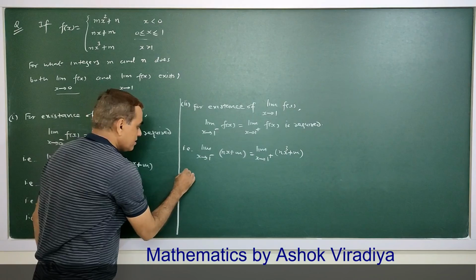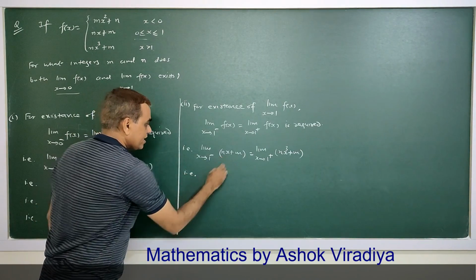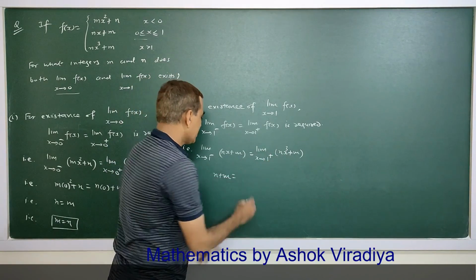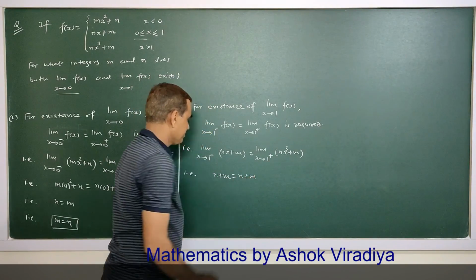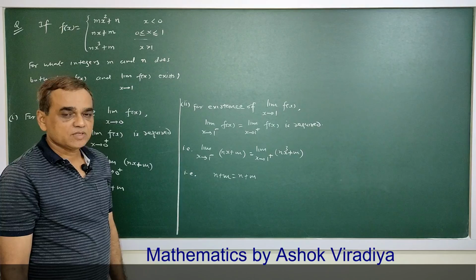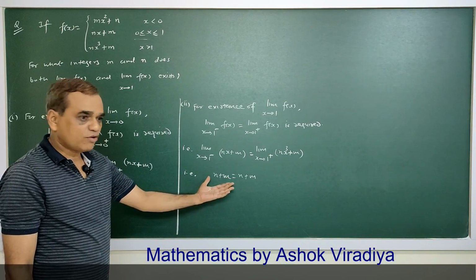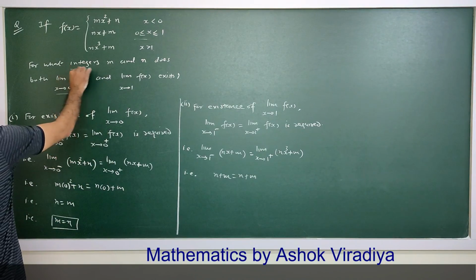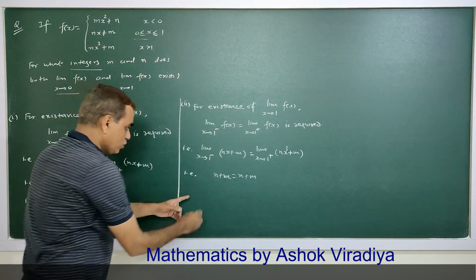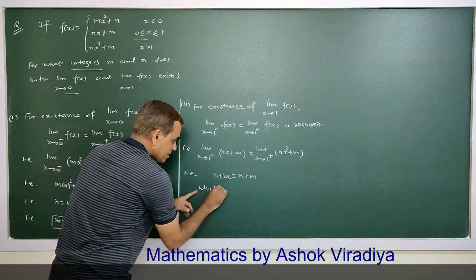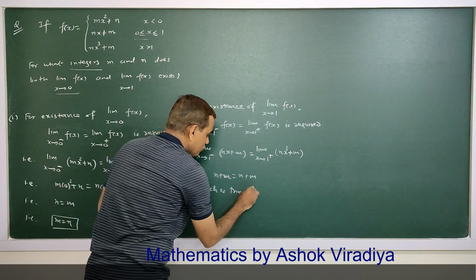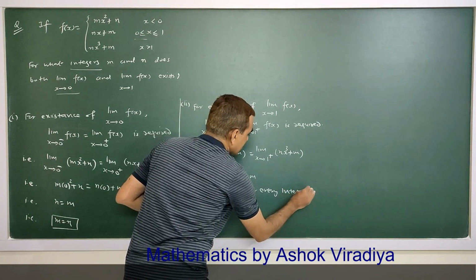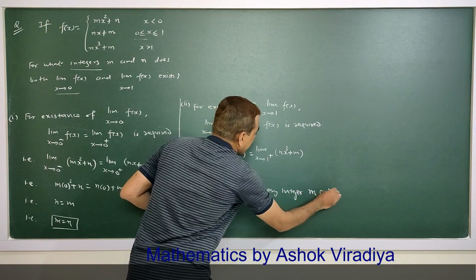So that is, putting here 1 n plus m equals, putting here 1 n plus m, which is true for every integer m and n. This is true, which is true for every integer m and n.